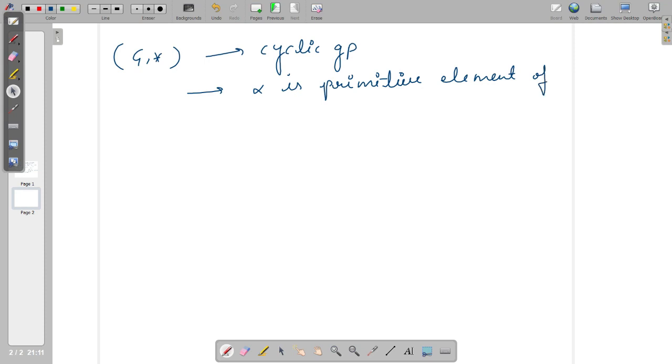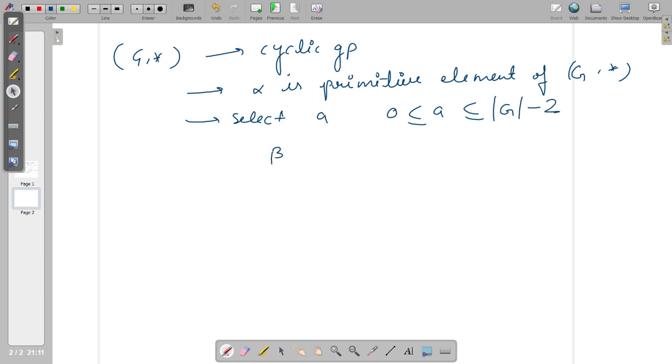Then select an A such that A lies between 0 and the number of elements in the group minus 2.